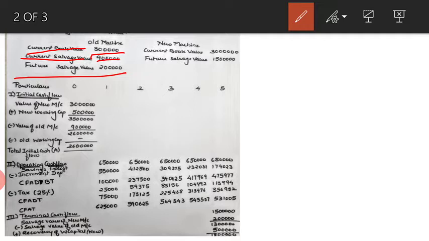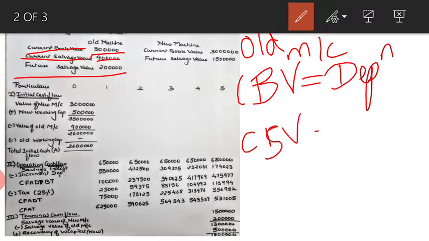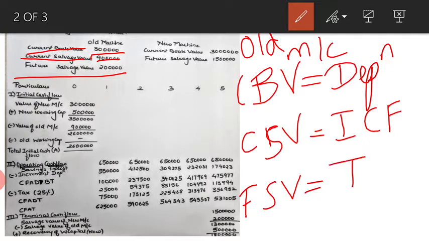Now please remember how and where we use it. I am talking about only the old machine. The current book value would be used to calculate depreciation. The current salvage value would be used as initial cash flow, and the future salvage value would be used in terminal cash flow.